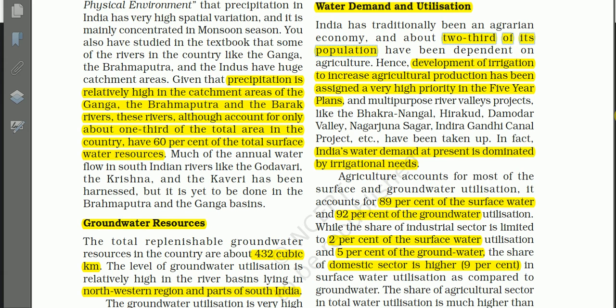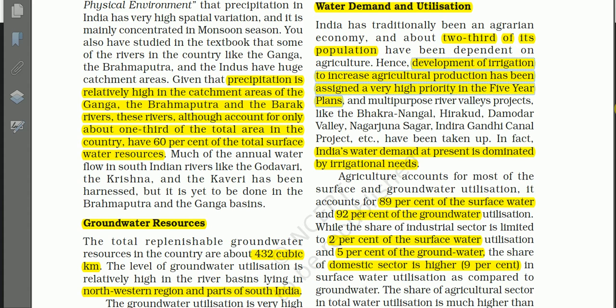And now it is about 58% of the total population of India that is dependent on agriculture for their sustenance, and hence development of irrigation to increase agricultural production has been assigned a very high priority in 5-year plans.